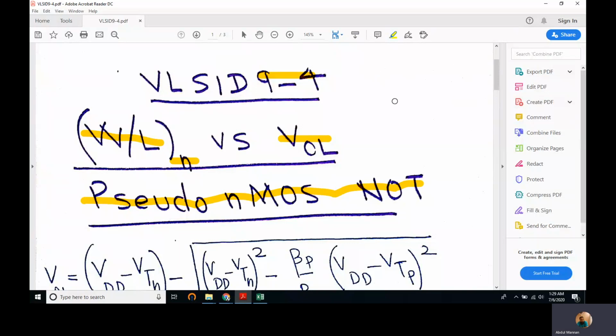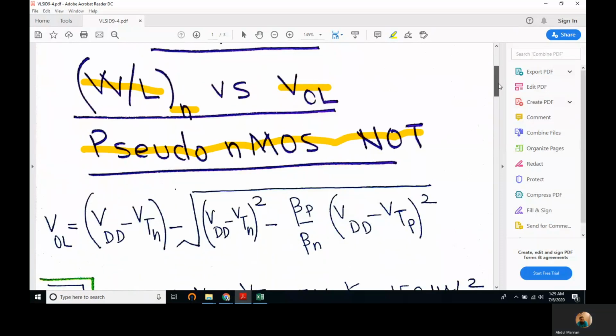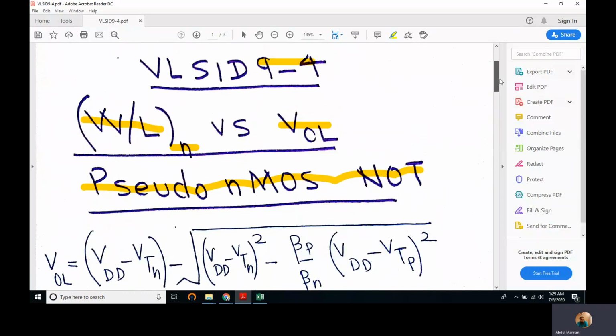it consists of one PMOS transistor that is always on and one nMOS transistor to which we apply the input. And we have seen that VOL is not 0, but it is greater than 0 in case of pseudo nMOS, which is undesired. We want this VOL to be exactly equal to 0 as it is in case of CMOS.